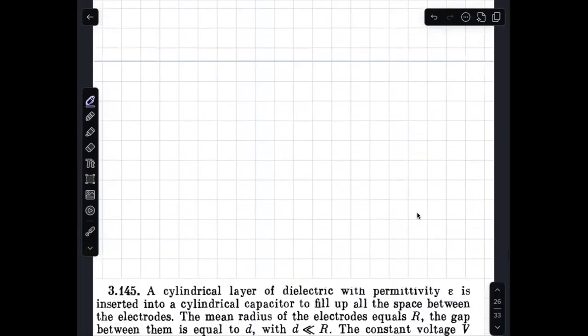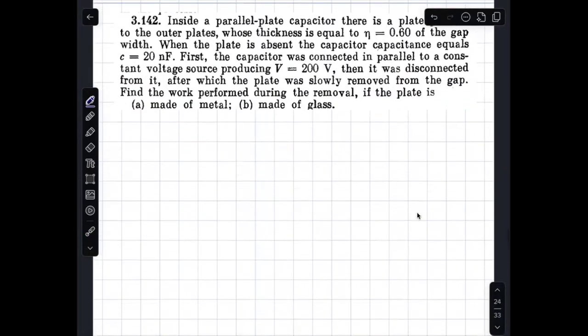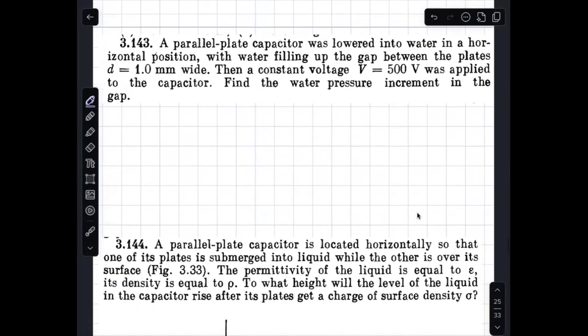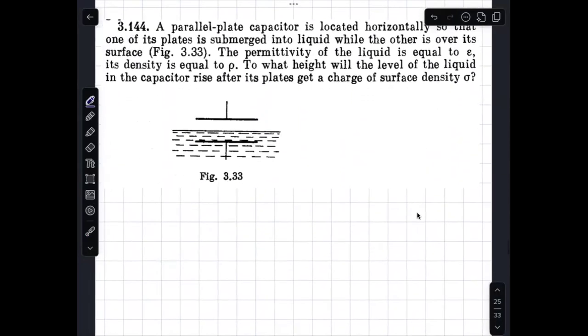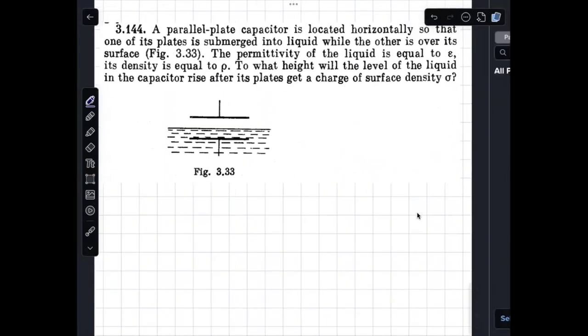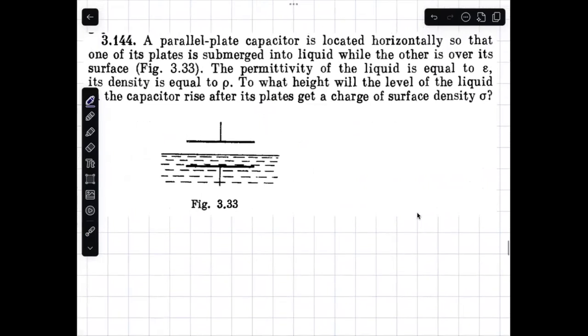Next question. Again, it is from Pathfinder. We will do easy questions first. 3.144. Go through this question carefully.